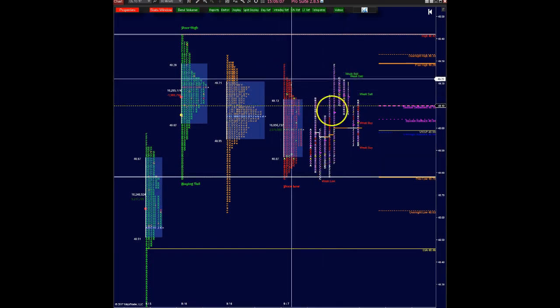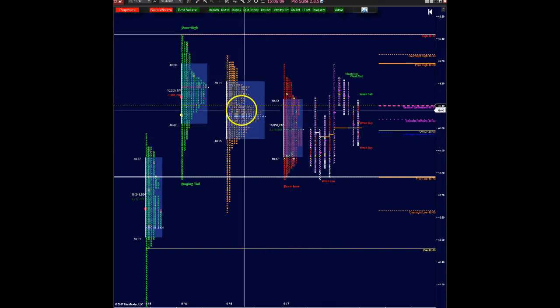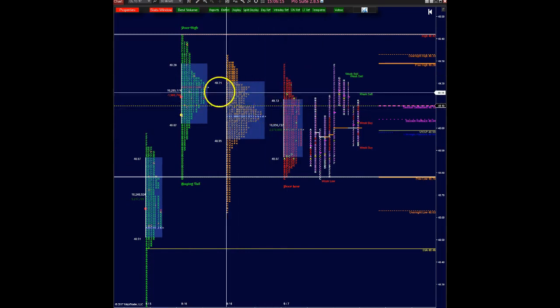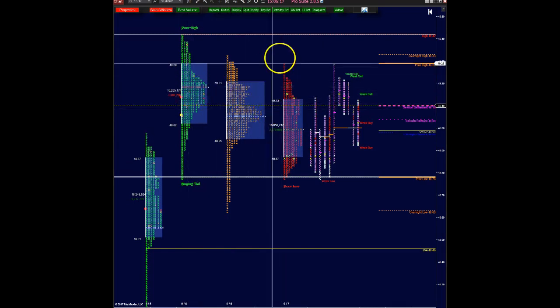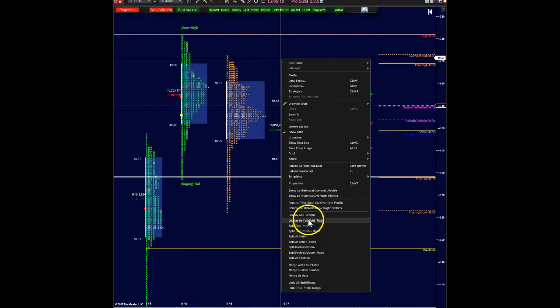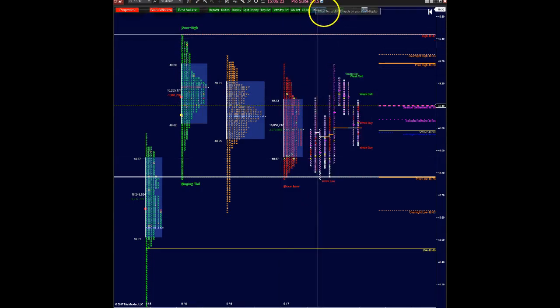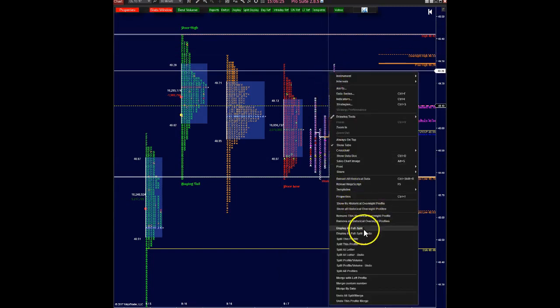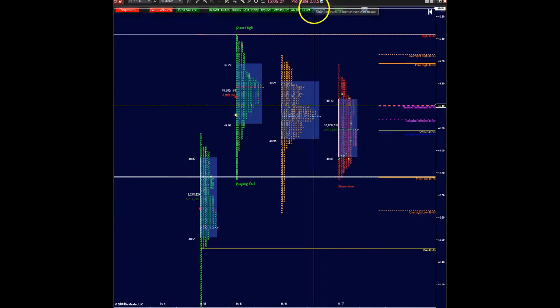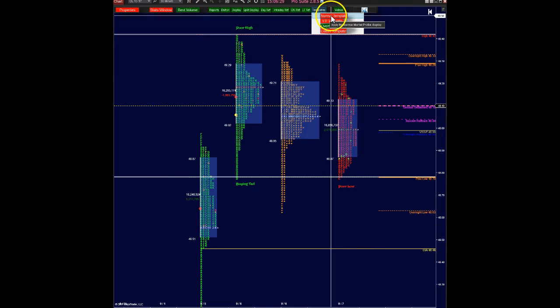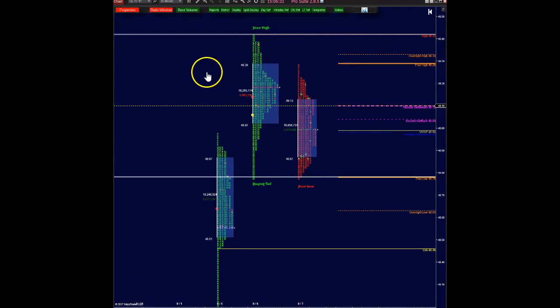Finally, for tomorrow, we start a new balance area here. So we're going to have a 2-day balance. I will just put only the pit session profile. So you see we are starting a 2-day balance for tomorrow.